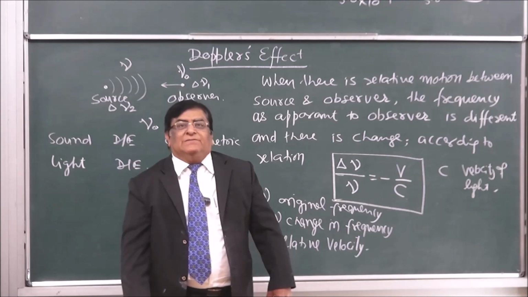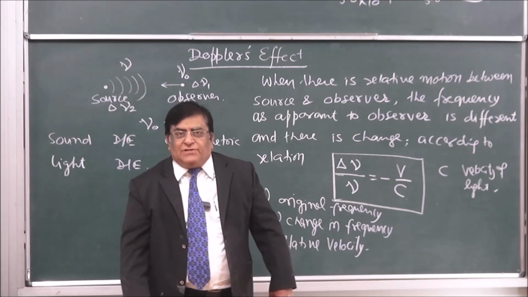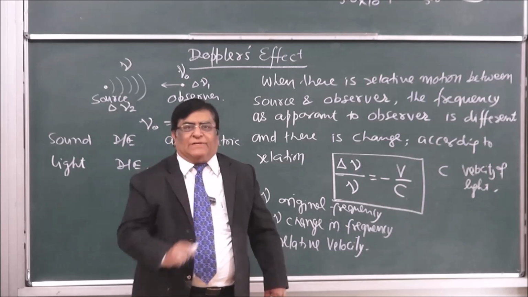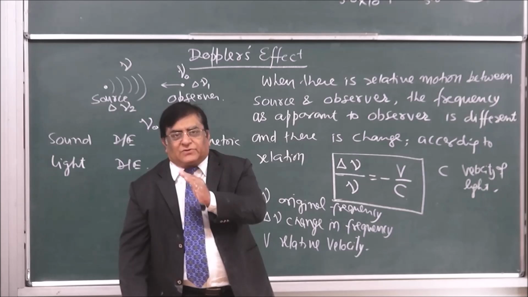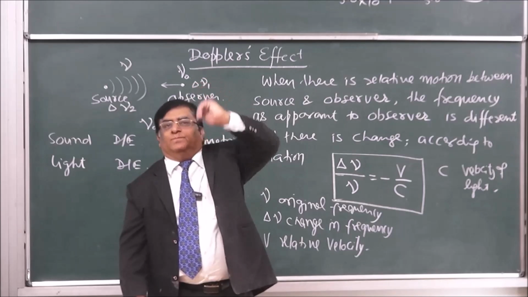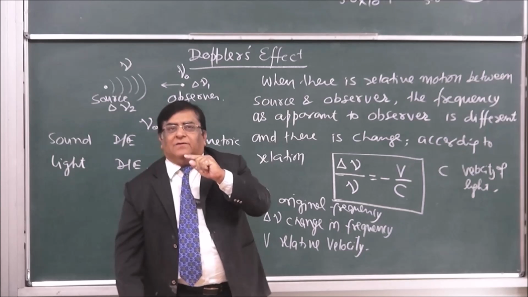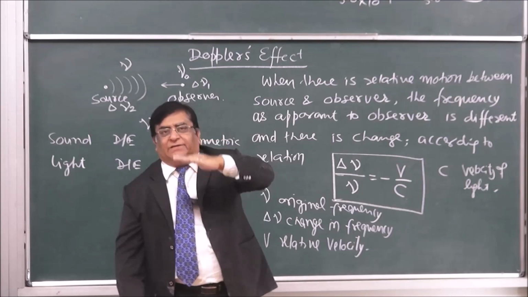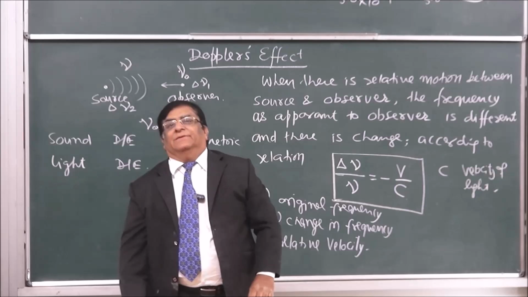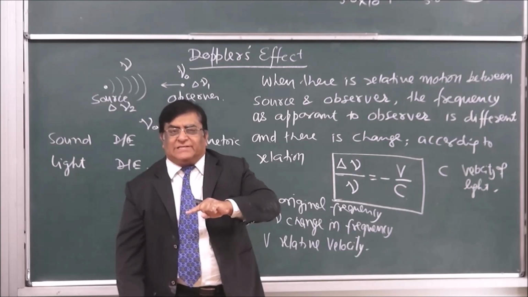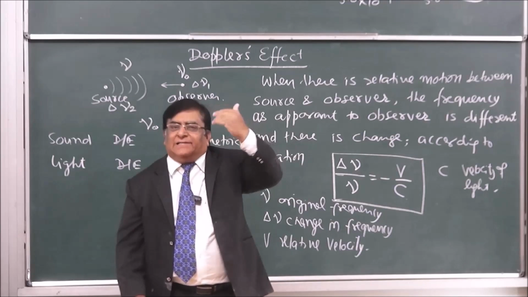The answer is the color will be changing, and with increased frequency, the color will slide towards blue. If the frequency decrease, the color, what appears to us, will slide towards red. Red has got lowest frequency and blue has got highest frequency.